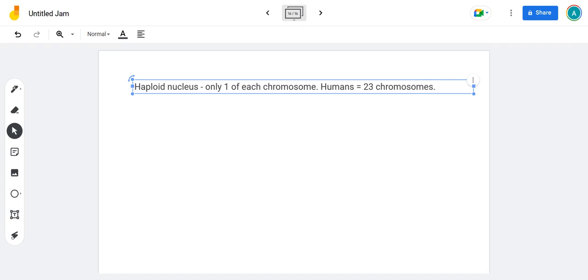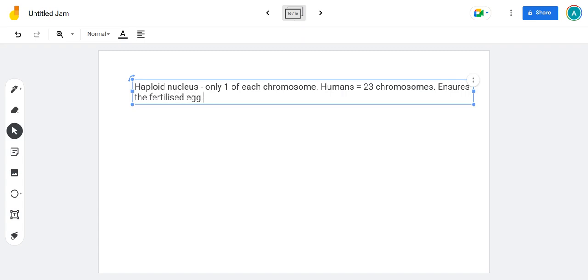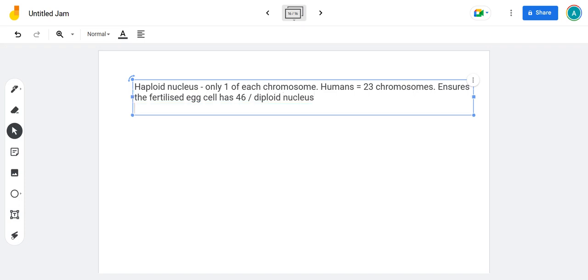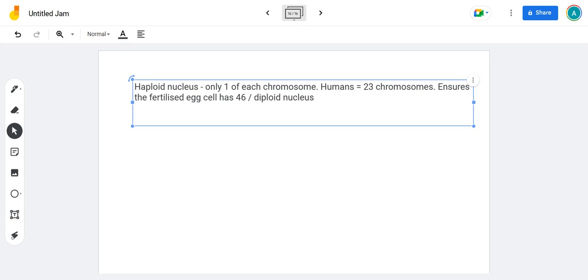Otherwise, every generation, you'd double the number of chromosomes. So it ensures a fertilized egg cell has 46, which we call diploid. It's all about the 23 and 23 coming together in fertilization.